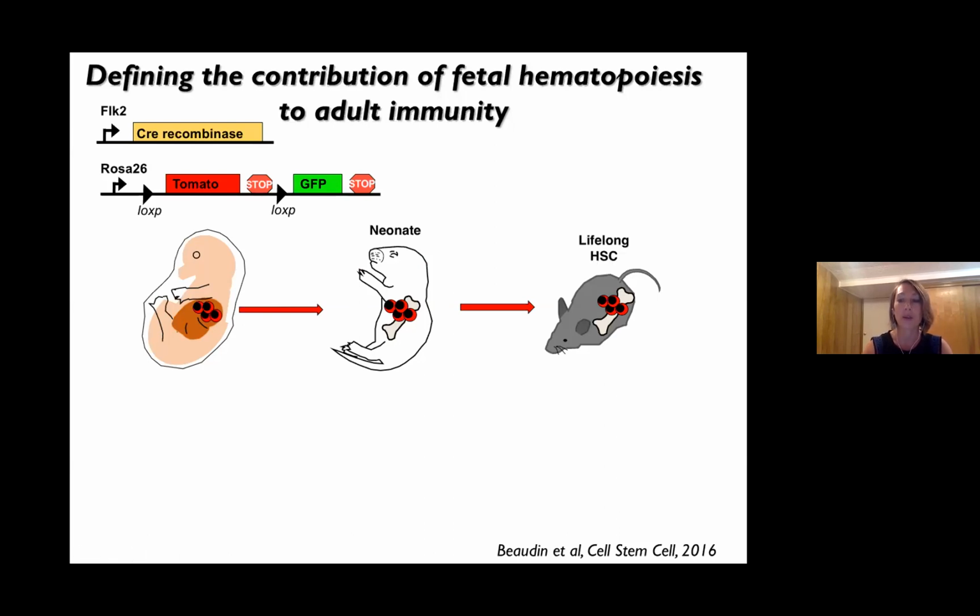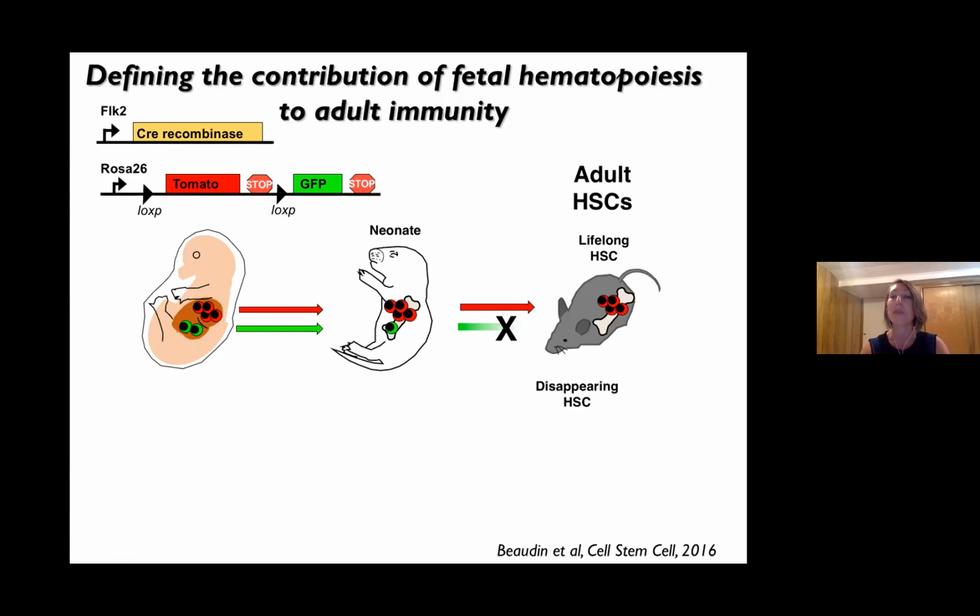We refer to these lifelong HSCs in our system as the adult HSCs. However, we also found during fetal liver hematopoiesis green HSCs. We showed that these green HSCs were capable of seeding the bone marrow in the neonatal period, albeit at much lower levels. But as I showed you before, they failed to persist into adulthood.